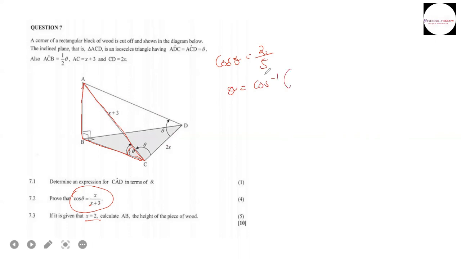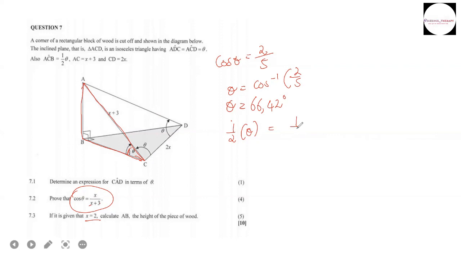Now we're going to use that to calculate theta. This is cos inverse of 2 over 5. Then let's punch it quick. So this gives us theta is equal to 66.42 degrees. But then remember here we have half theta. So if theta is 66.42 degrees, that means half theta is what?